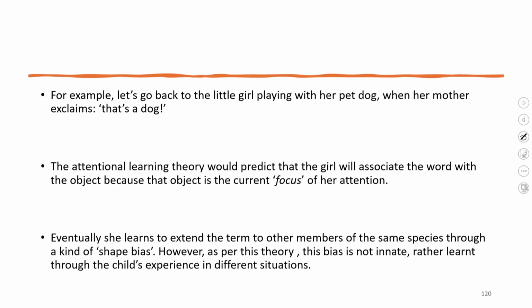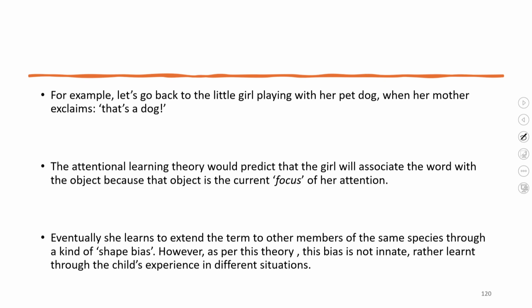different kinds of context. So, for example, let us go back to the little girl with her pet dog, where her mother says that this is a dog. Now, the attentional learning theory would predict that the girl will associate the word with the object, because the object is the current focus of the conversation, that is the focus of attention. Whatever we are attending to is the focus of attention, because the child is aware of that, thereby she learns.